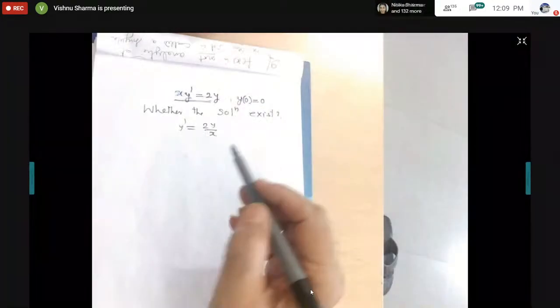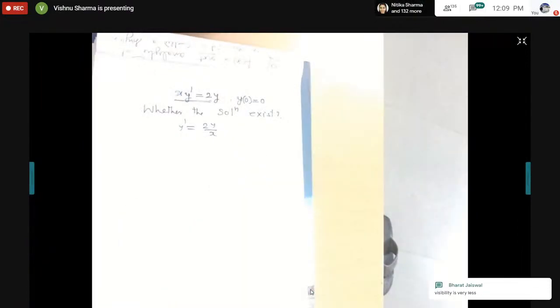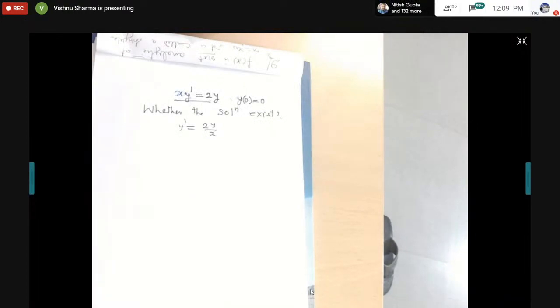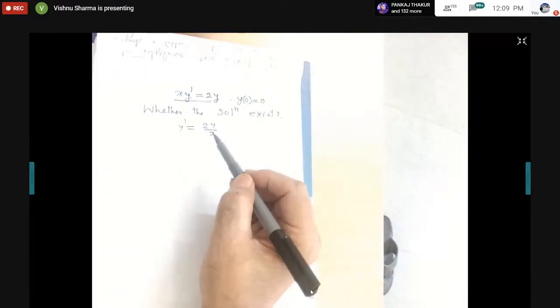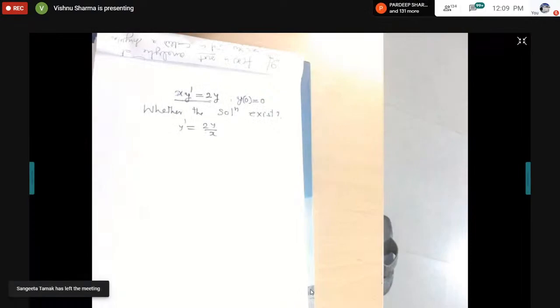Yes. So it is very clear that we can talk about x greater than 0 or x less than 0. No solution can cross the y-axis, except perhaps at (0, 0).